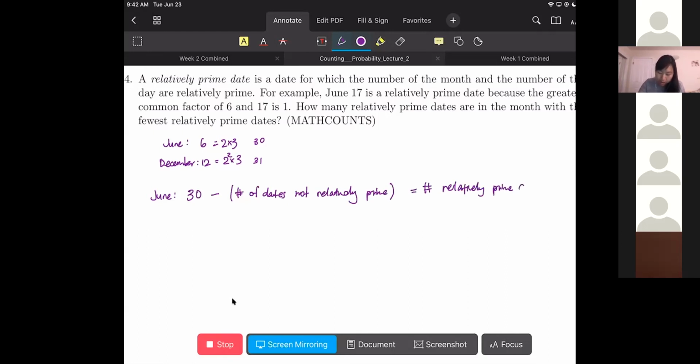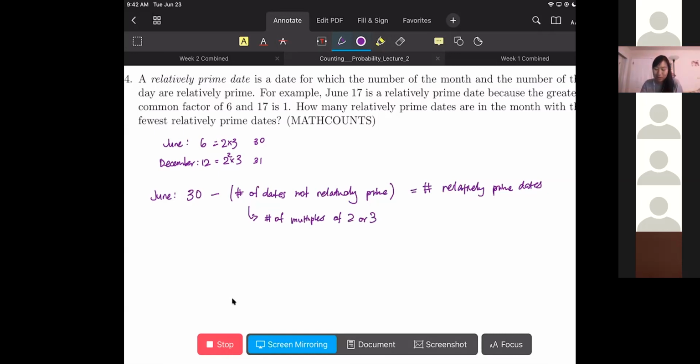And then in order to get the total number of dates that are not relatively prime, since June is 6, which is 2 times 3, we basically want to count the total number of multiples of 2 or 3. And so this kind of starts to look like the principle of inclusion and exclusion.